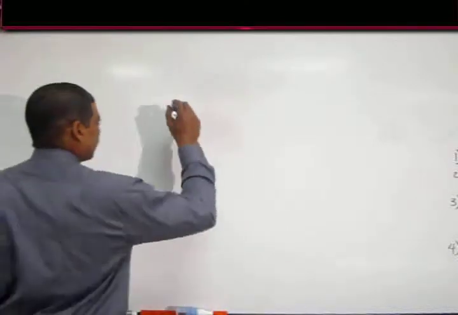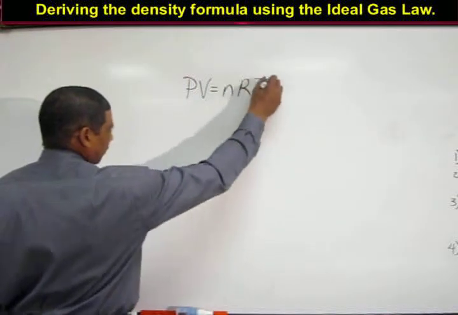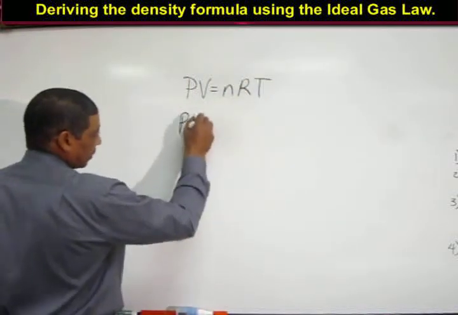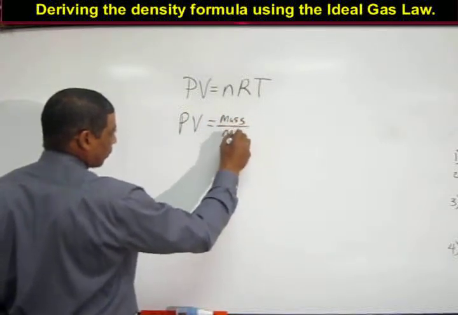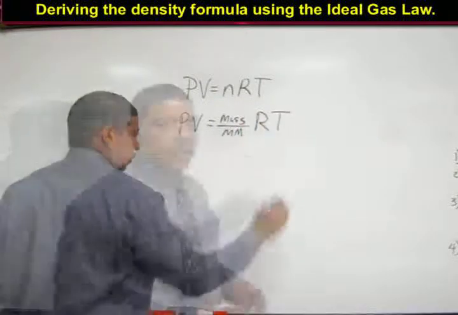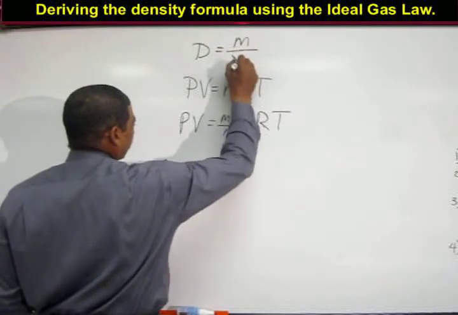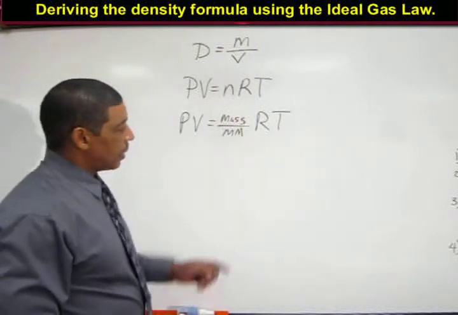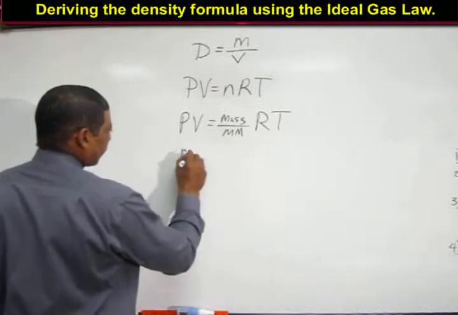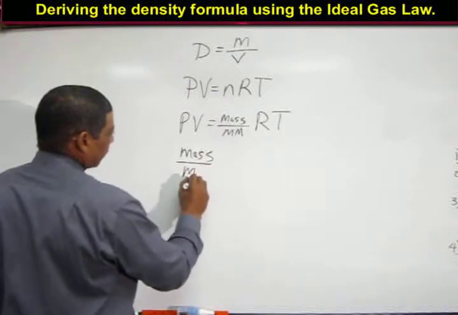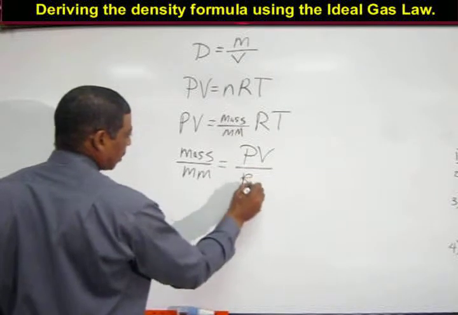Consider the following. PV equals nRT. PV is equal to mass over molar mass RT. If D is equal to M over V, then according to the ideal gas law, mass over molar mass is equal to PV over RT.